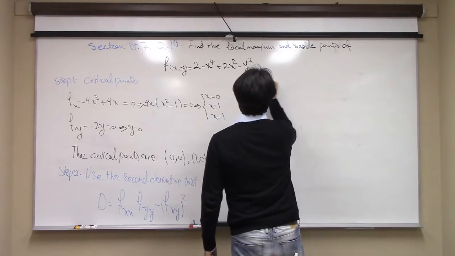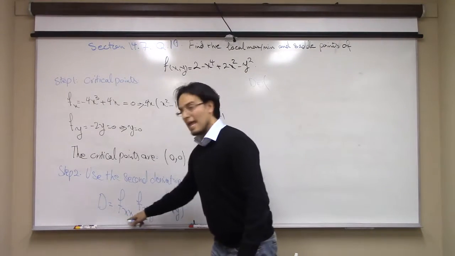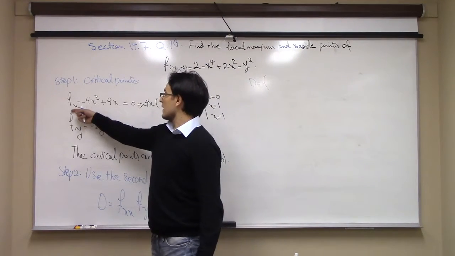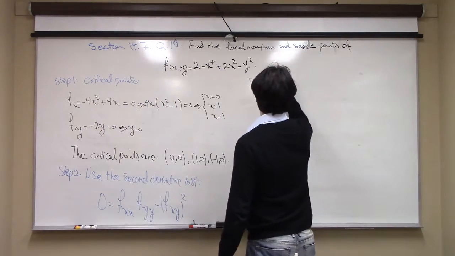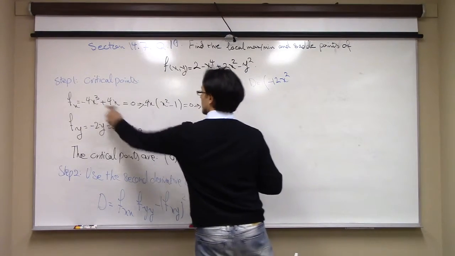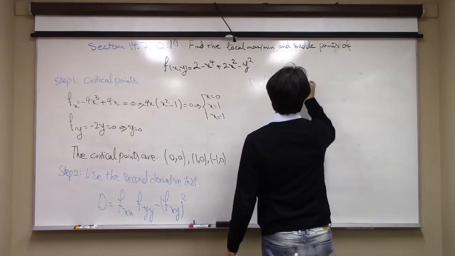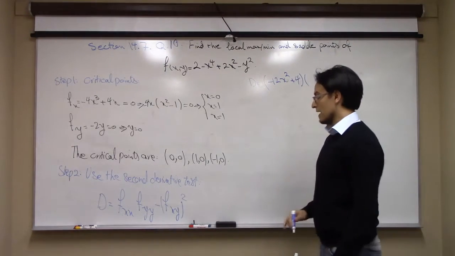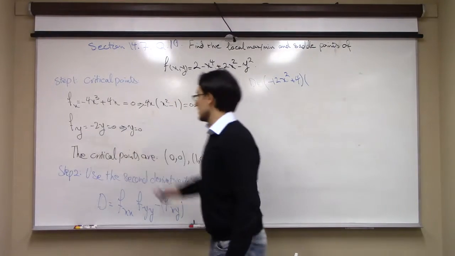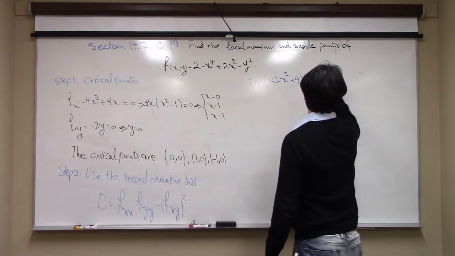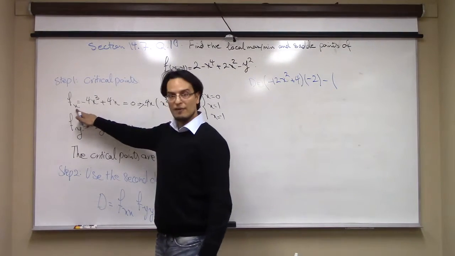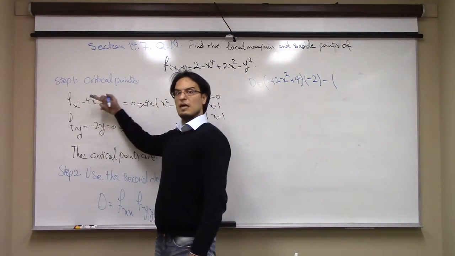So D is fxx, the second derivative with respect to x twice, which is minus 12x squared plus 4, times fyy, which is the derivative of minus 2y, so minus 2, minus fxy squared. For fxy, I have fx, and I have to find its derivative with respect to y.